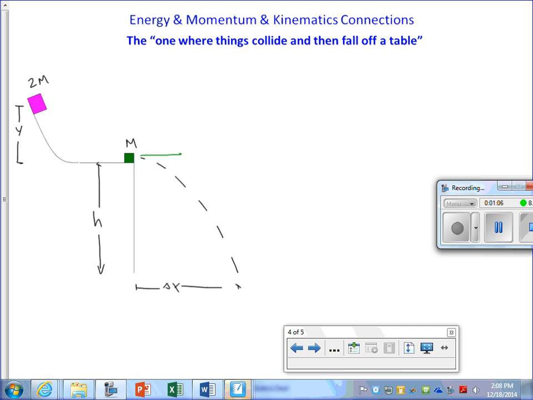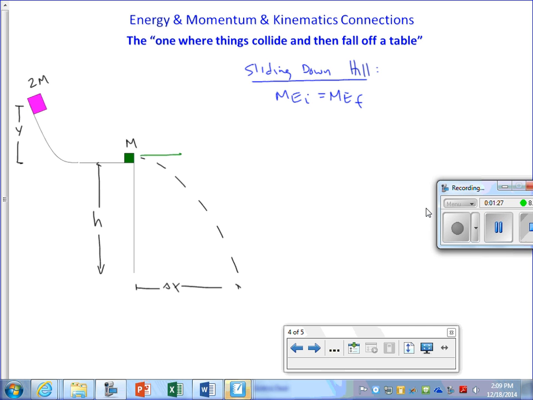So really three parts. The first part is sliding down the hill. Well, that is a conservation of mechanical energy problem. All right, it's a frictionless hill, let's say.